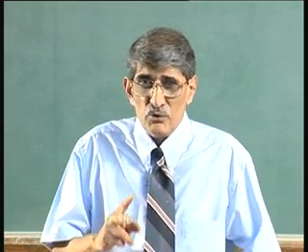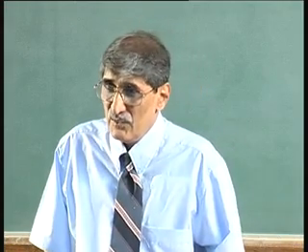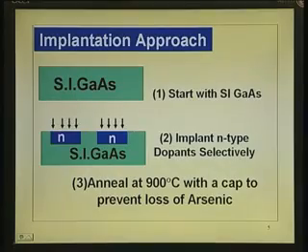I keep on repeating this, reminding you that this is a compound semiconductor with two elements which have different vapor pressures. So, you tend to lose more of arsenic. So, you must put a cap. That is what is meant by cap. You must put the cap on the gallium arsenide surface.